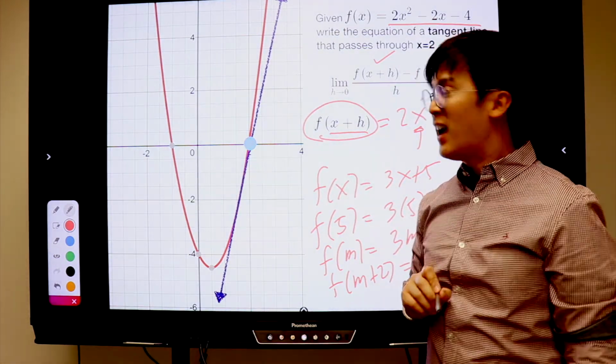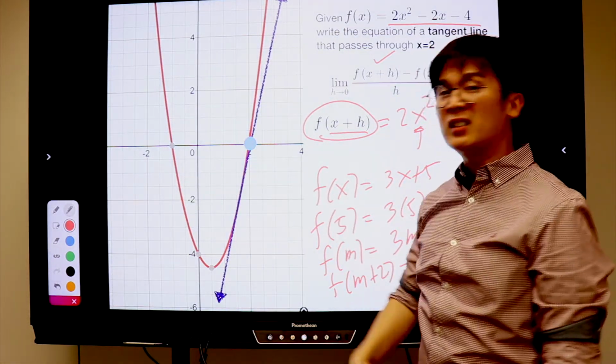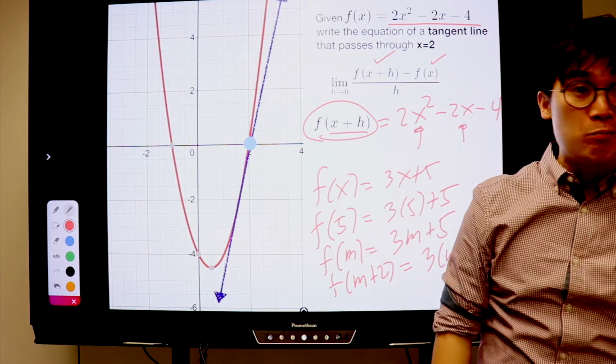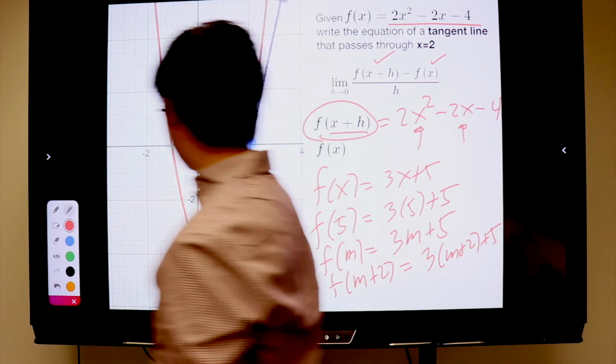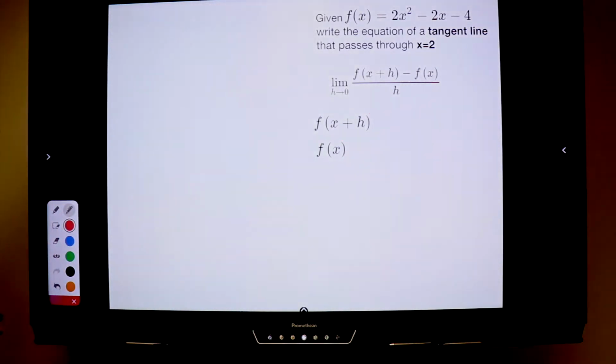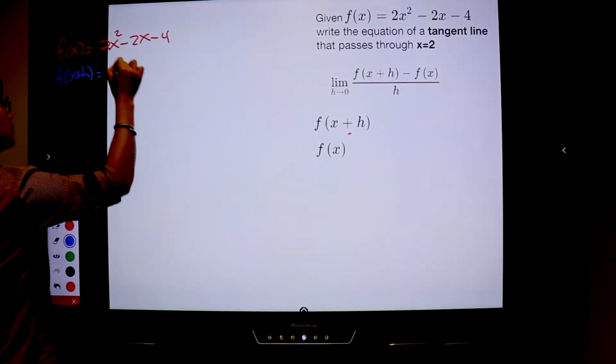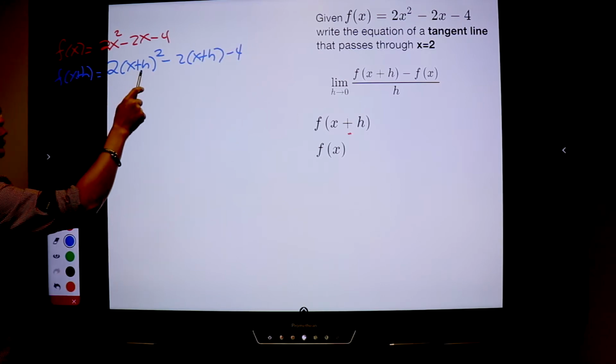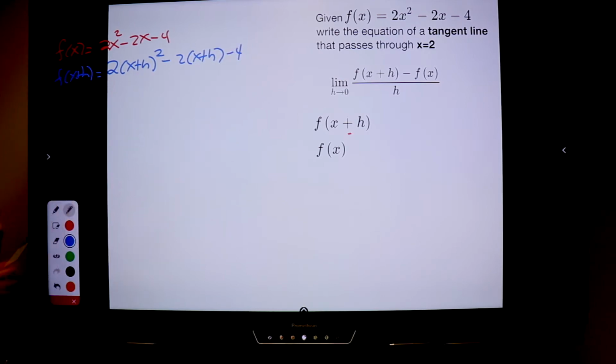Now it's going to take a little while because as I mentioned, we only have little clues, so we're going to do a little bit more work. So let's clear this and solve this problem. In this problem, how are we going to simplify x plus h raised to the second power?